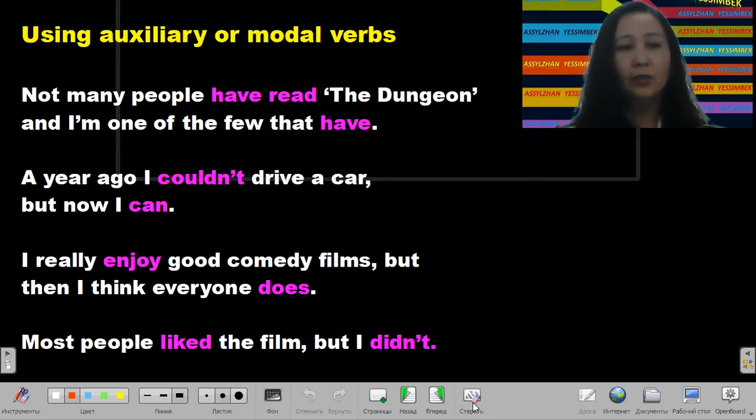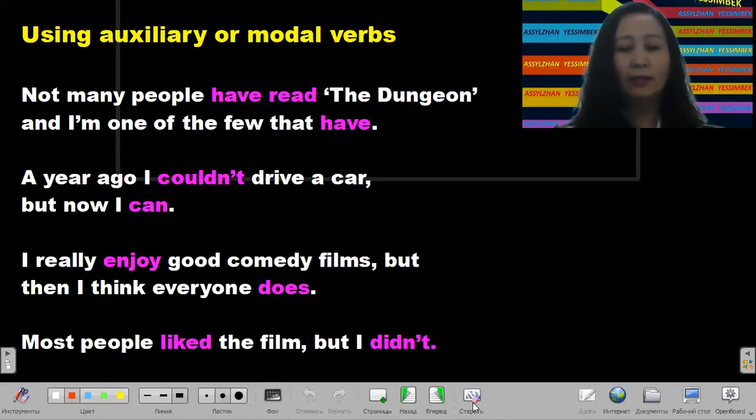I really enjoy good comedy films, but then I think everyone does. In this case, it depends upon the tense form. I really enjoy, this is present simple tense, and we use the auxiliary verb of the present simple tense. But it is in the third person because everyone is third person.